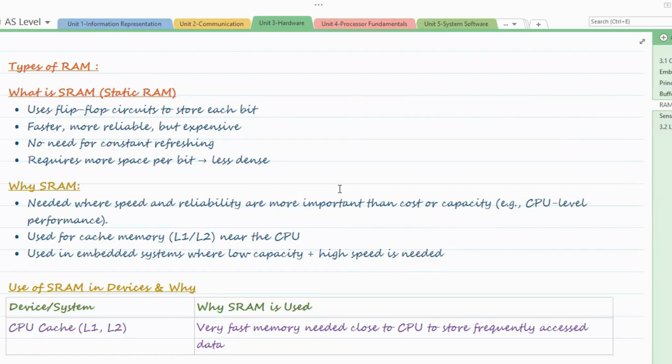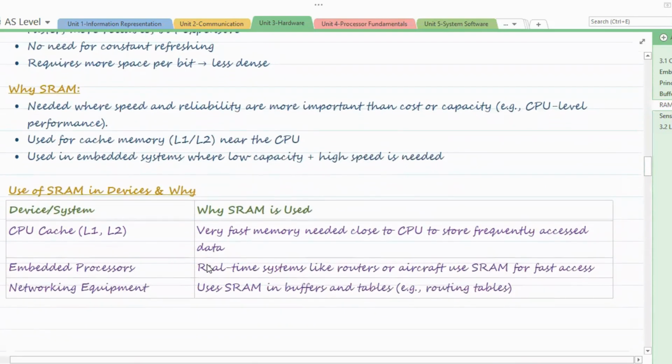SRAM is very fast, expensive, more reliable, has lower storage density, and does not require refresh cycles. Because of its high speed, SRAM is mainly used as cache memory. SRAM uses flip-flop circuits to store each bit.